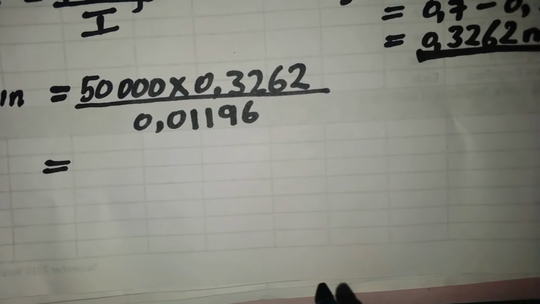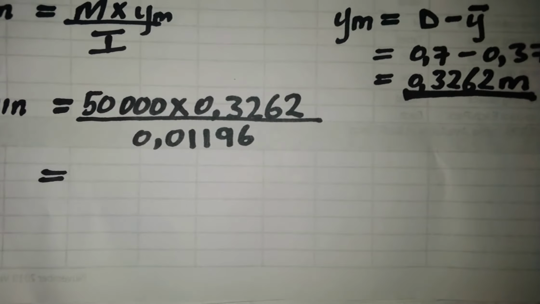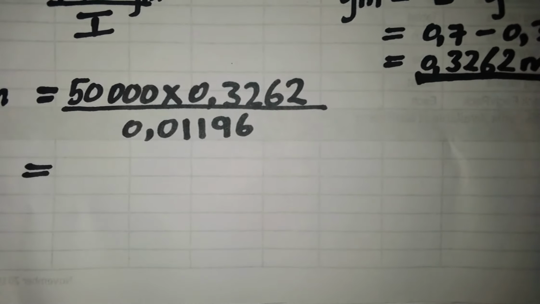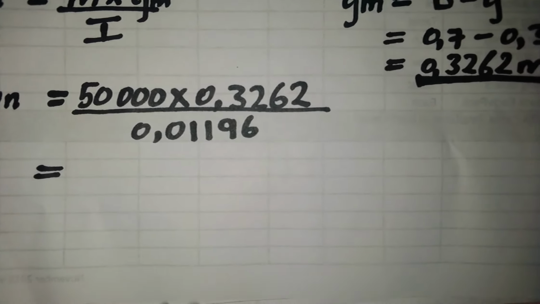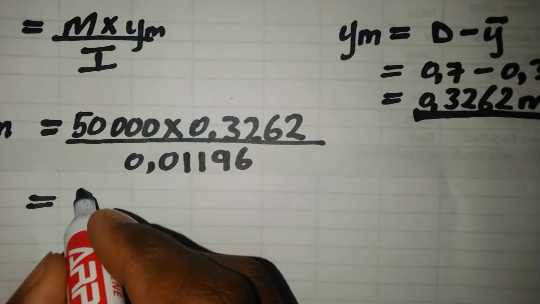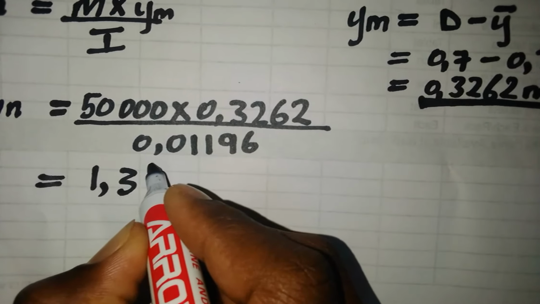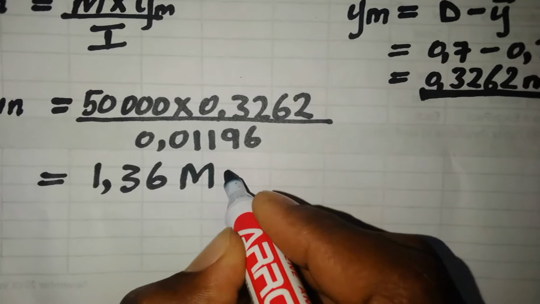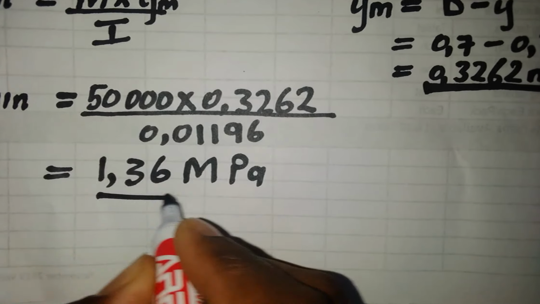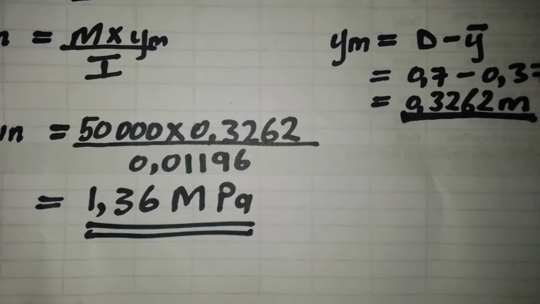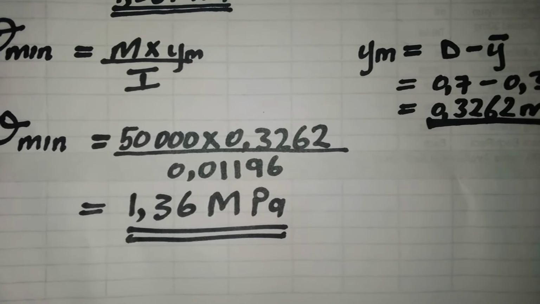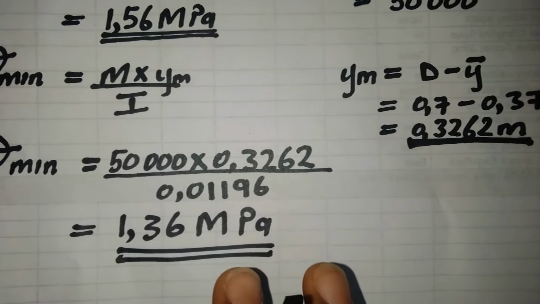So we're going to use our calculator and let's see what we get here. So theta minimum will be equal to 1.36 megapascals. Okay, so this is how we calculate the minimum and maximum stress for a loaded material.